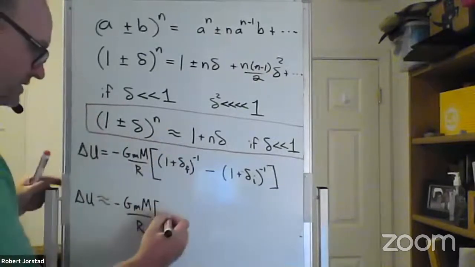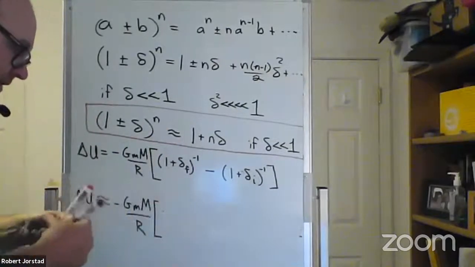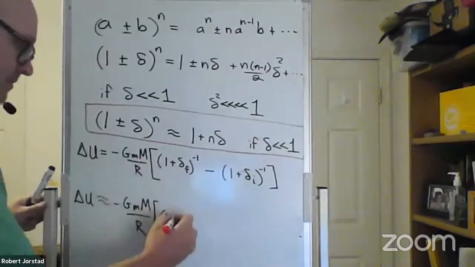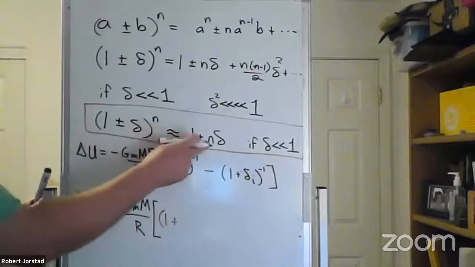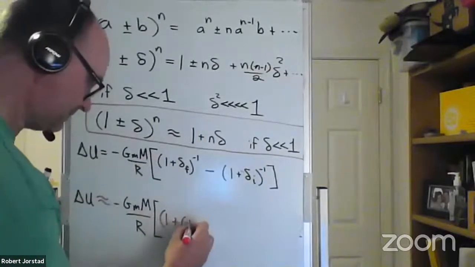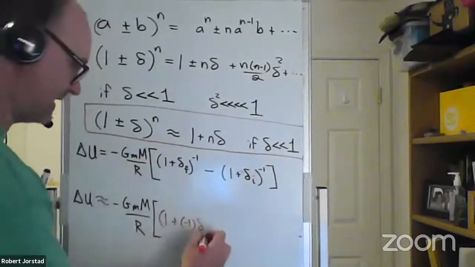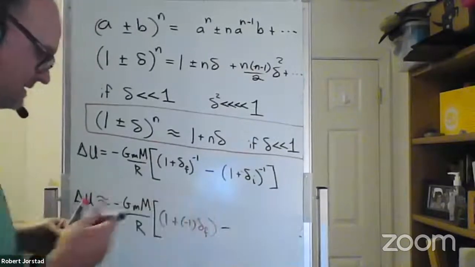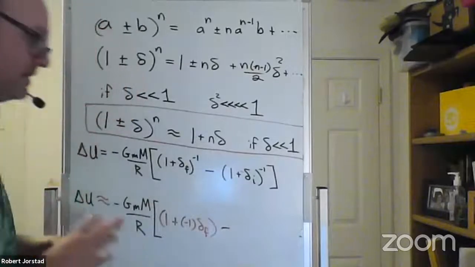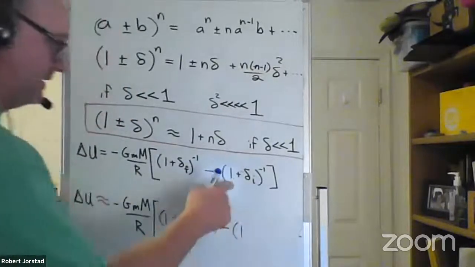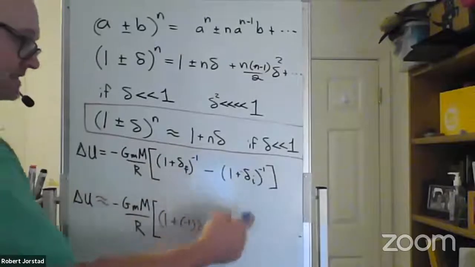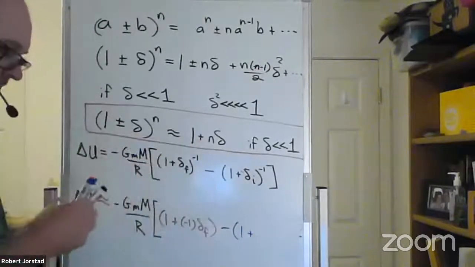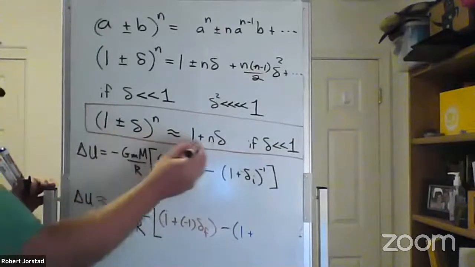Well, let's follow it through. 1, that's just 1. And let me do red for the first one here. 1 plus n, which is -1, times delta final, minus the other one. 1 plus, oh, I should be careful here. If you use a minus sign, you'd get a minus here.